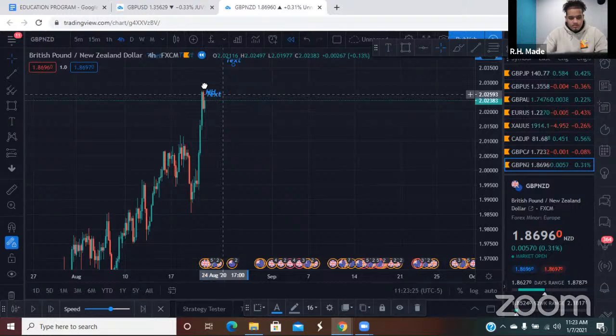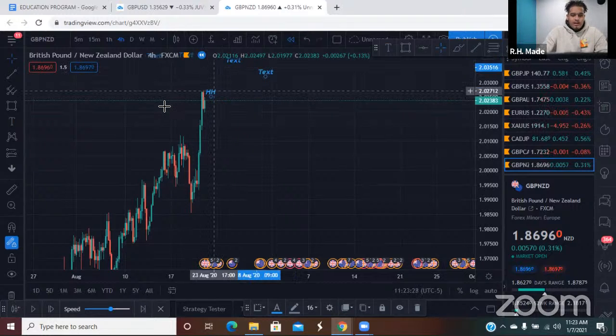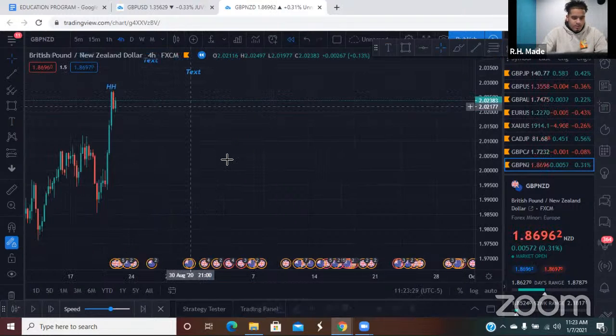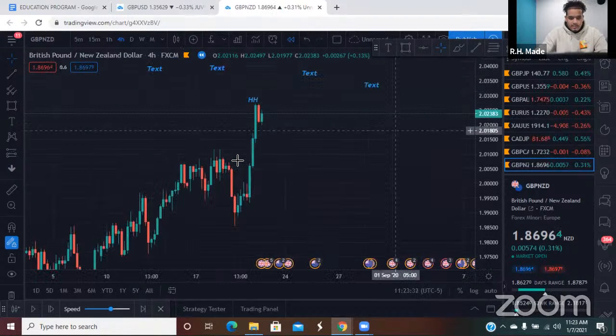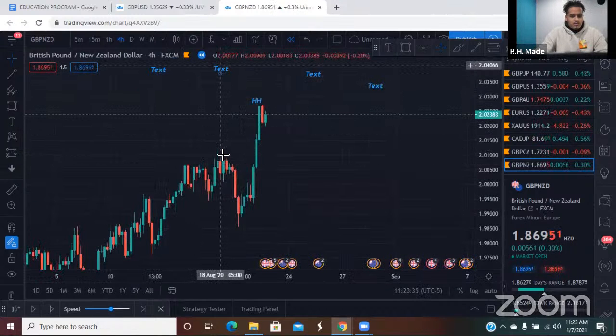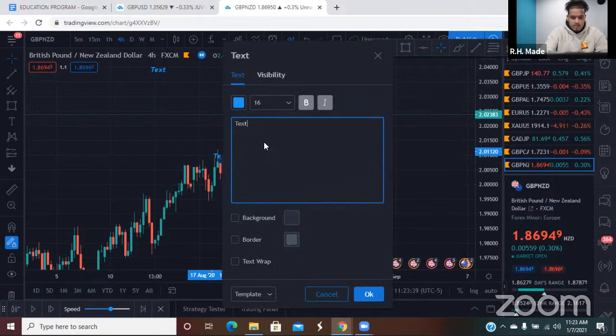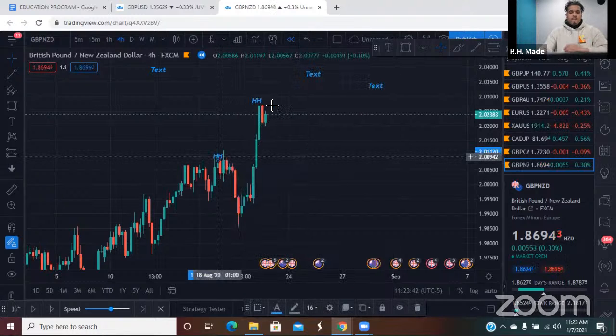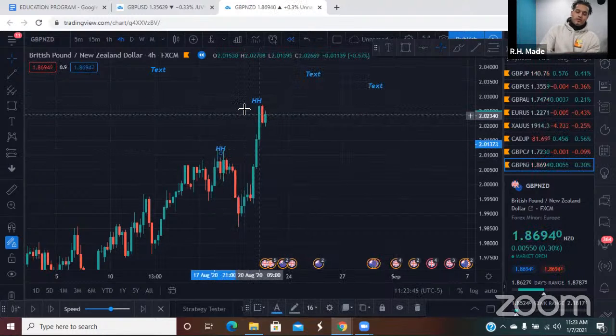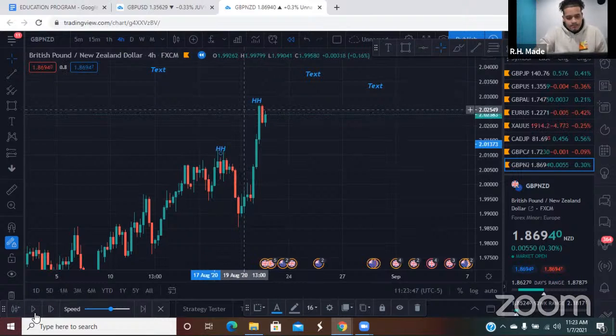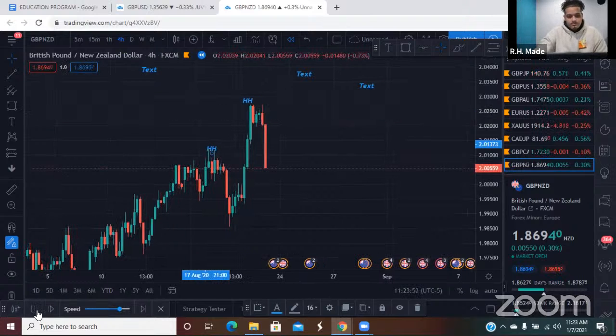Bear with me. Up top we have our higher high. It's labeled a higher high because it's higher than our previous high. This was our previous higher high, and now the market made a new higher high. Now let's let the market do its thing.